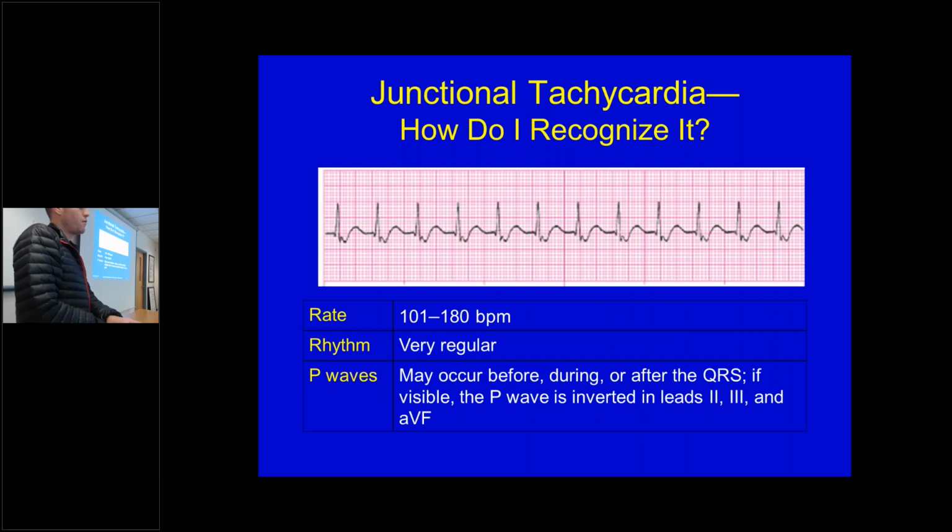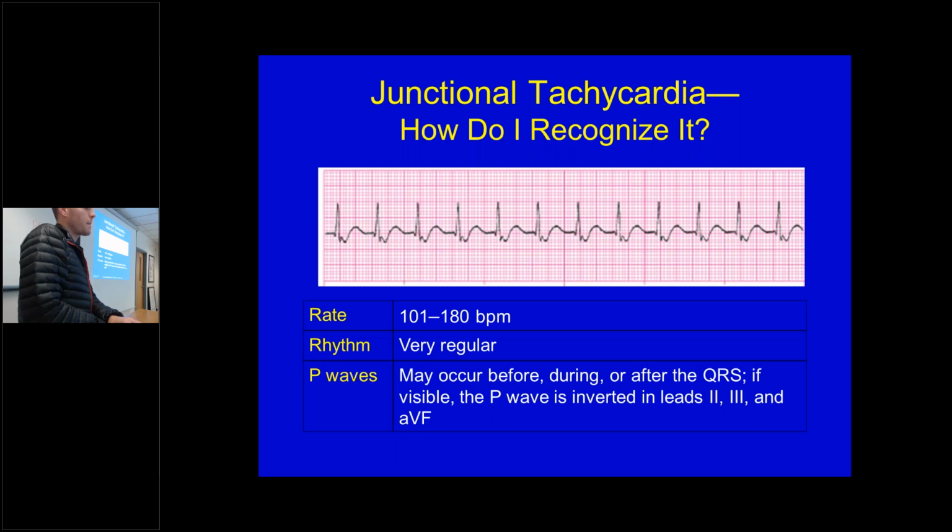All right. Rate, rhythm, P waves. Rate is fast, right? What's it at? That sounds about right, 140. Rhythm, regular. P waves, not present. Might be buried in that ST segment, right? Could they be inverted, or is that the Q wave itself? Junctional P waves are always inverted, right?